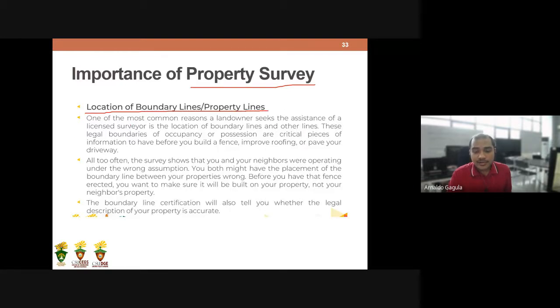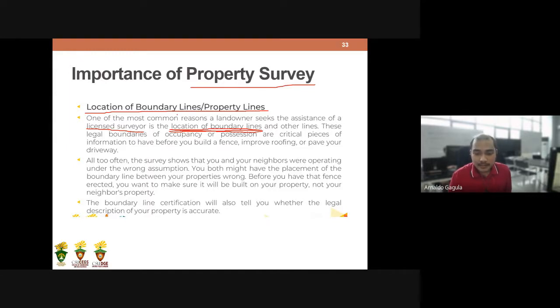So one of the most common reasons a landowner seeks the assistance of a licensed surveyor is the location of the boundary lines. That is really the main goal of a client when he approaches a geodetic engineer, to determine the exact location of the boundary lines or the boundary of the specific tract of land.